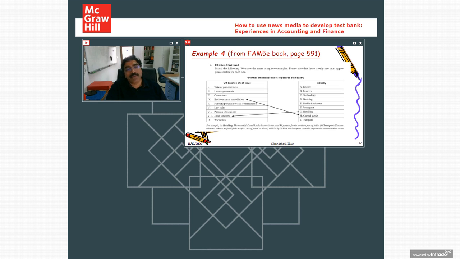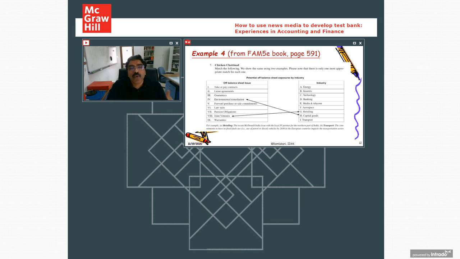So we are saying, look here, on the right side there are a lot of types of industries, such as energy, wherein there are subsidy related considerations, insurance companies, technology companies, banking, media and telecom, aerospace, retailing, capital goods, transport.